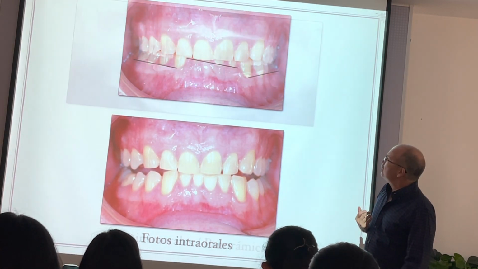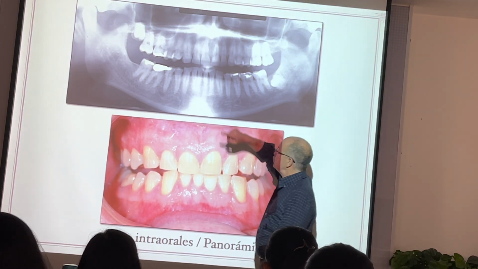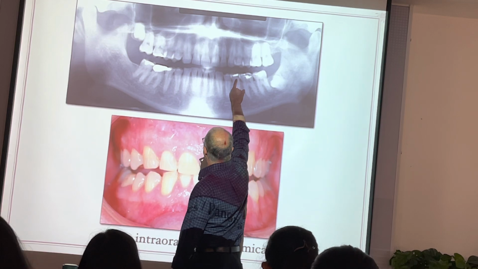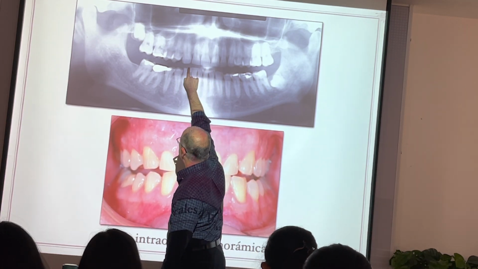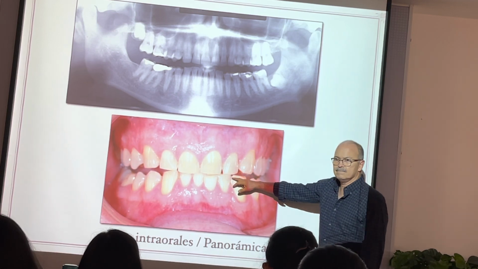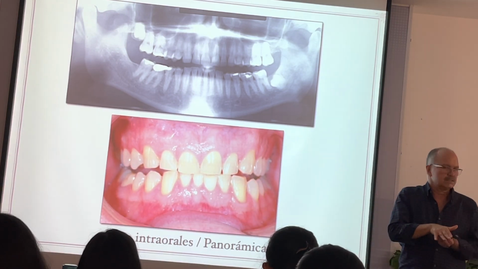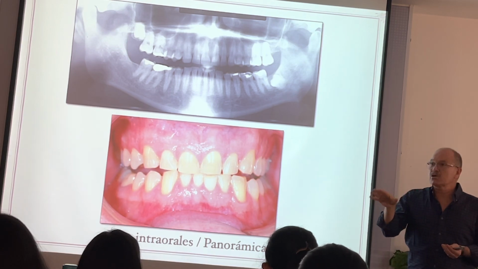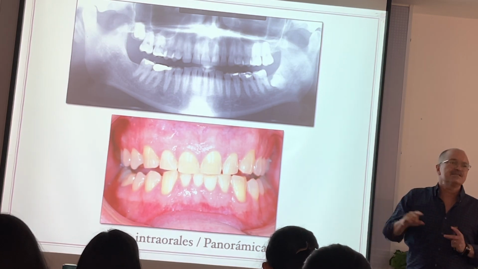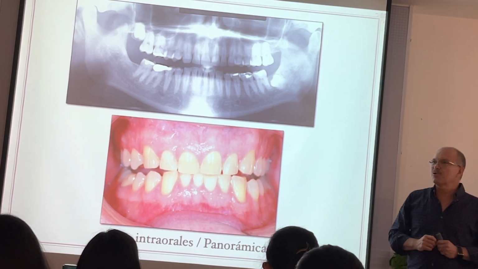Okay, so if you take a look in the, I told you in the panoramic, you can have an idea of the curve of Spee. Okay? Now, this is protrusive, and he bruxes. Everybody bruxes. This is not, I told you in the basic course, this is not abnormal.